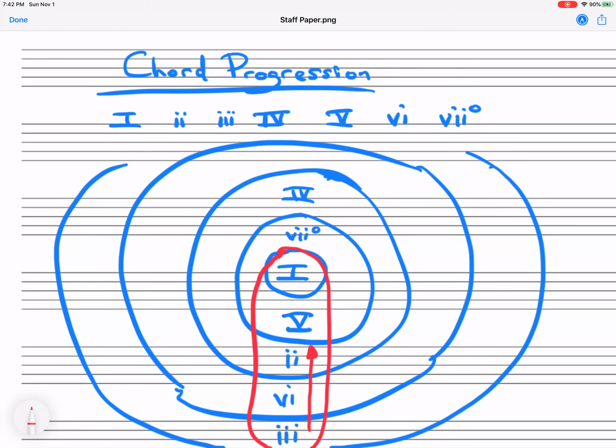So the progression is 3, 6, 2, 5, 1. In the key of C, E minor, A minor, D minor, G, and C. I'm only playing these as triads right now, but you could also make them 7th chords as well.